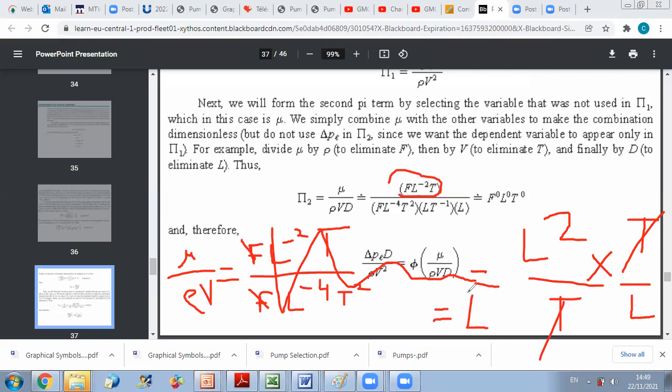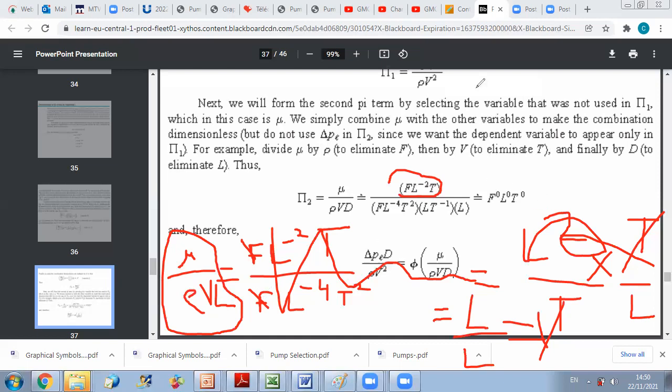And finally, how to eliminate L? All I have to do is to divide here by L. Now I have L over L, the dimension is 1. So at the end, what I should do is to divide first by rho, then by V, then by L. The group that I will obtain is mu over rho V L as expected, which is the Reynolds number.